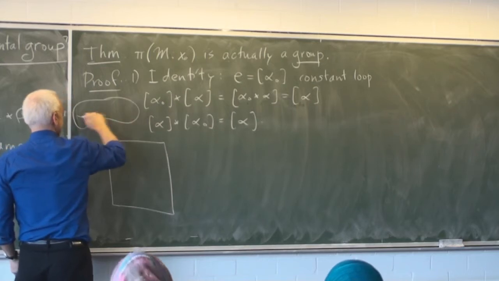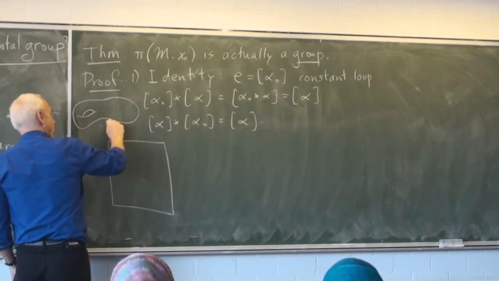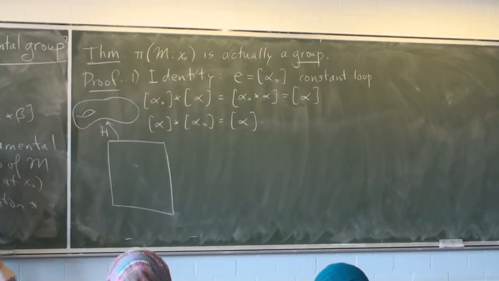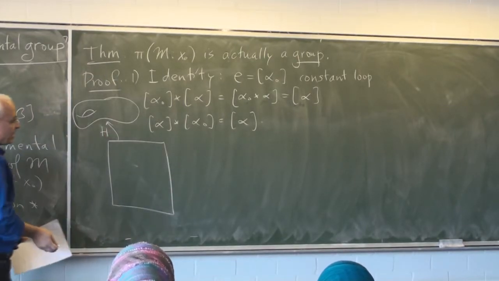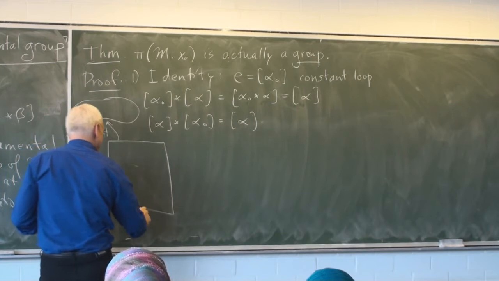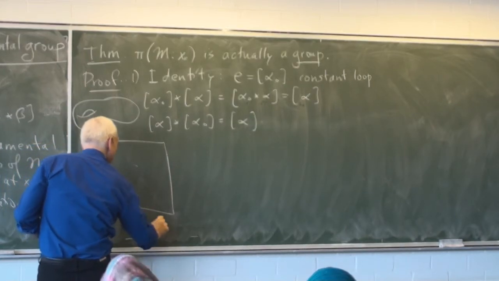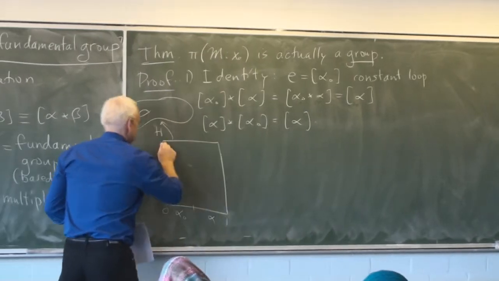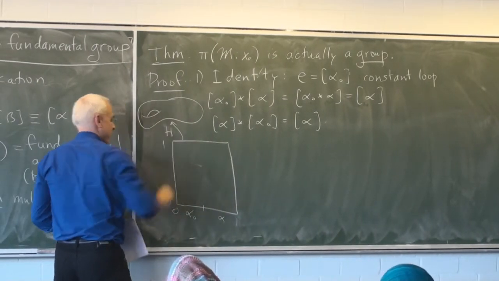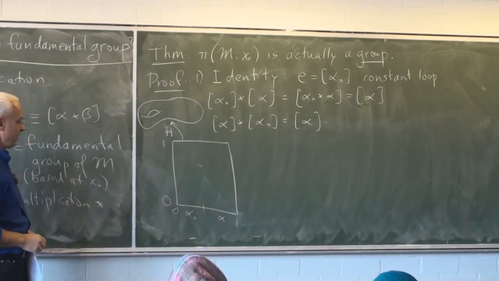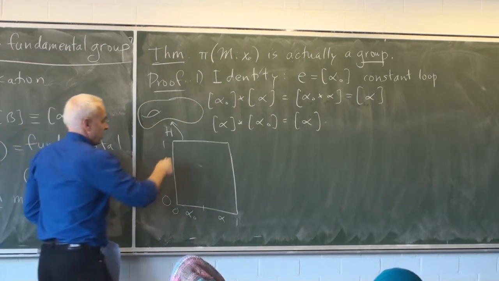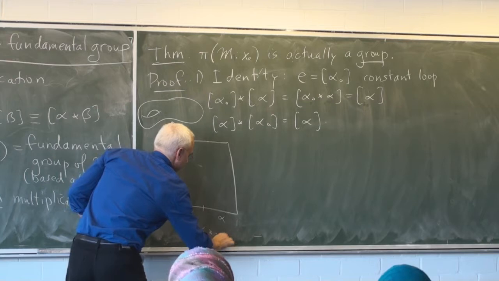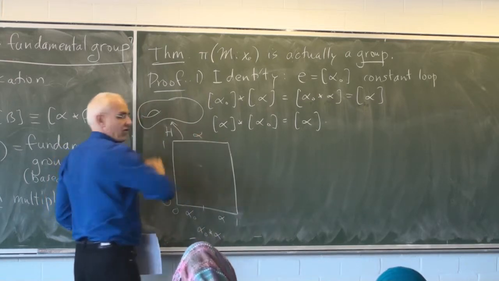Here's our surface M. We're looking for a homotopy, usually called H, that's got to go continuously from alpha 0 times alpha. And we can represent it like this. This is the t variable. This is the s variable going from 0 to 1. And at the bottom we have alpha 0 times alpha, and up at the top is just alpha.